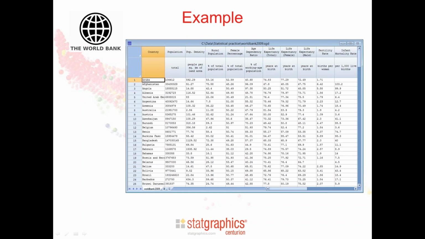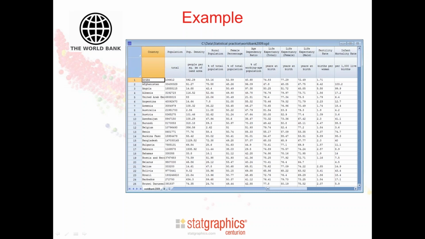And what we know about each of these countries is various demographic information, such as life expectancies, fertility rates, infant mortality, that sort of thing. There are also economic variables in the data set, GDP per capita, inflation rates, and things like that.